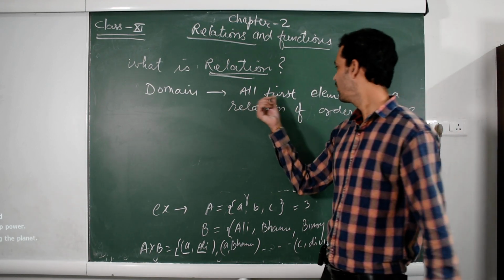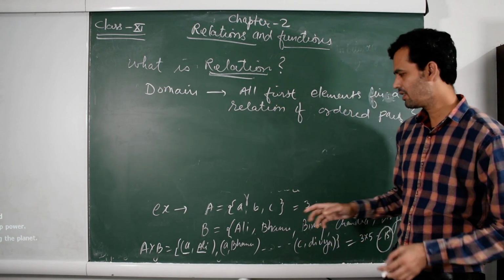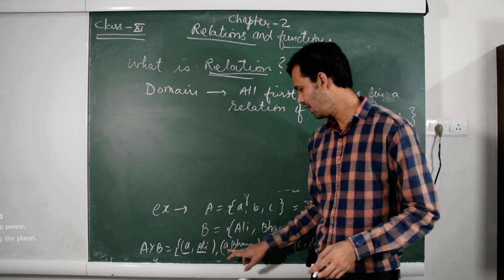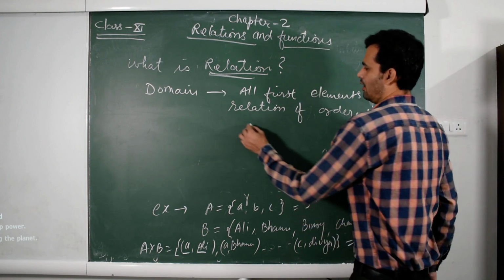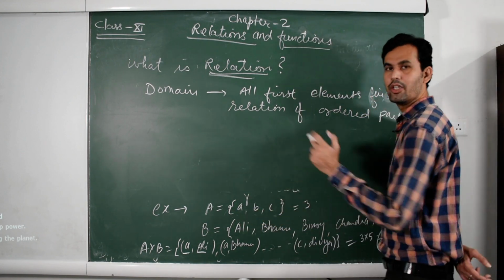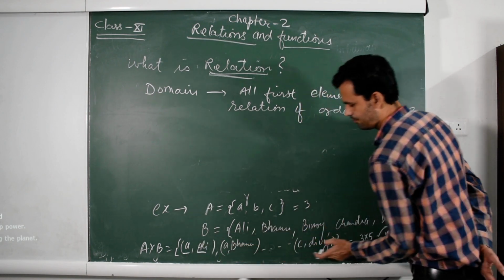It means all first elements of the ordered pairs are called domain. This A, B, C are the elements of the domain. Here A, B, C are the domain, the first elements.